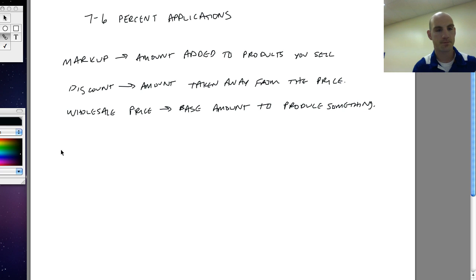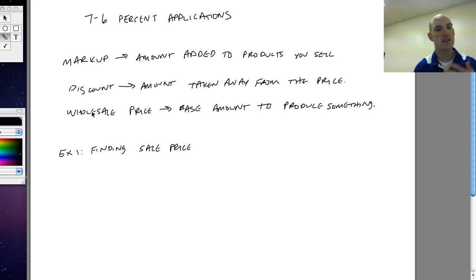So how do we do this? Here's example one. Example one is going to be finding sale price. When we find sale price, what we're doing is we are finding what it costs after discounts are taken.